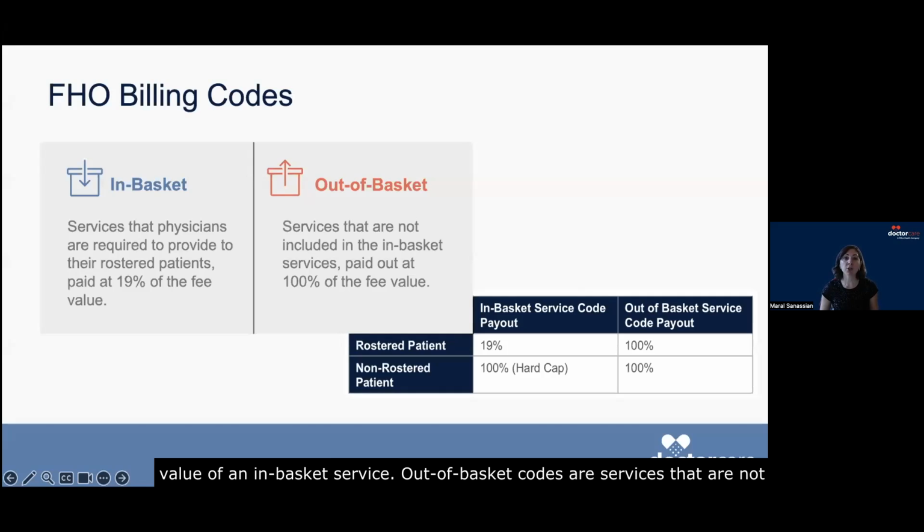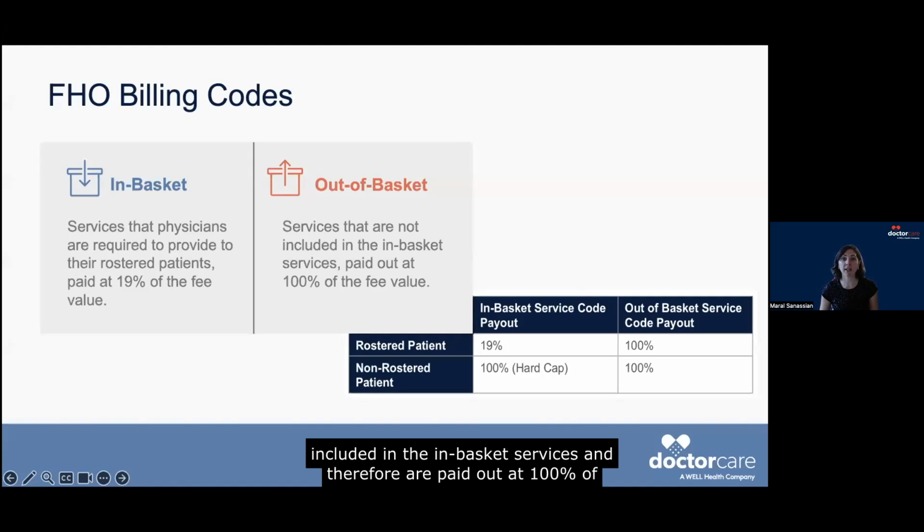Out-of-basket codes are services that are not included in the in-basket services and therefore are paid out at 100% of the value of the service. These include services such as repeat consultations and reassessments, group counseling, form completions, and disease-specific counseling, such as diabetes, congestive heart failure, smoking cessation, palliative care, and many more.